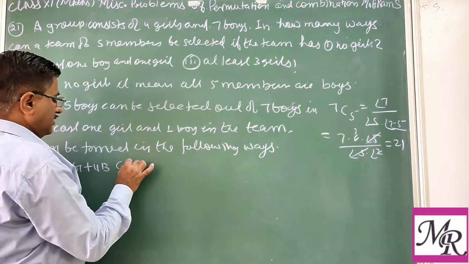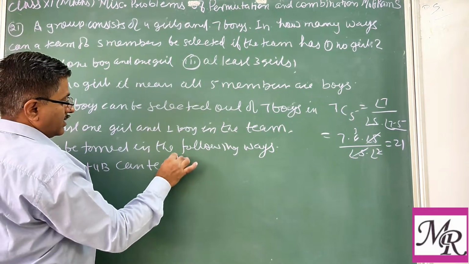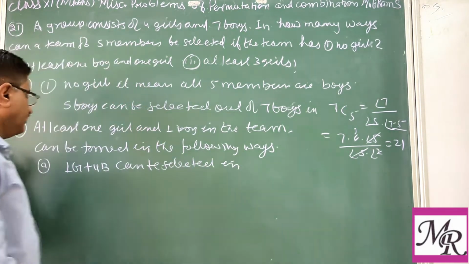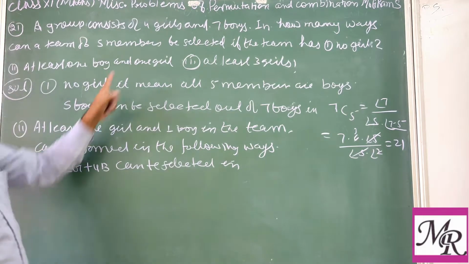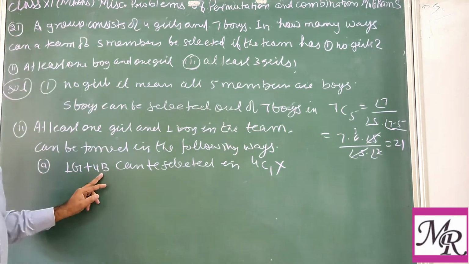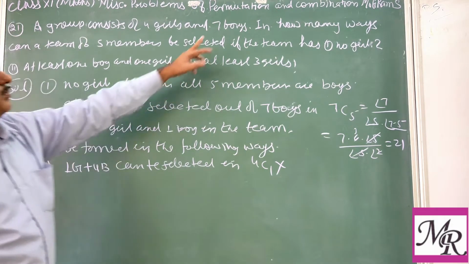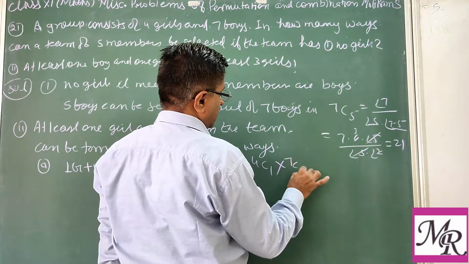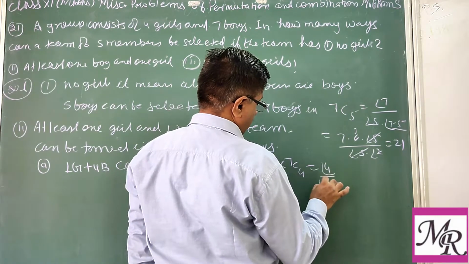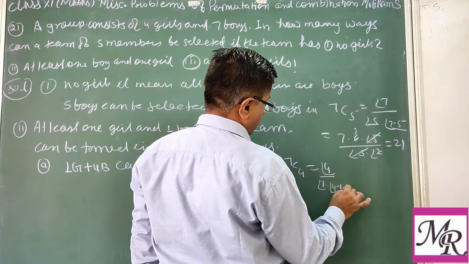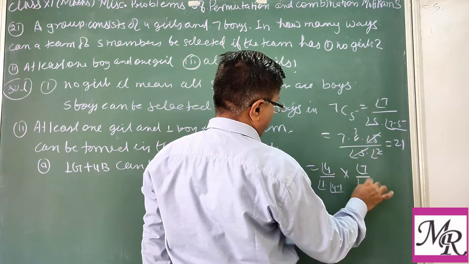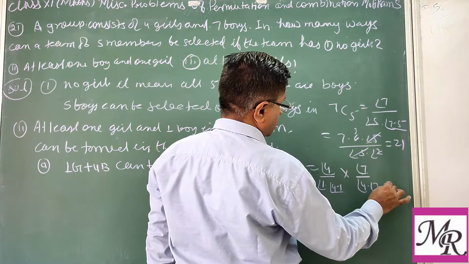In how many ways can this be selected? We can select 1 girl out of 4, so 4C1, into we have to select 4 boys out of 7, 7C4. You can simplify this: factorial 4 upon factorial 1 into factorial 4 minus 1, into 7C4, factorial 7 upon factorial 4 into factorial 7 minus 4.